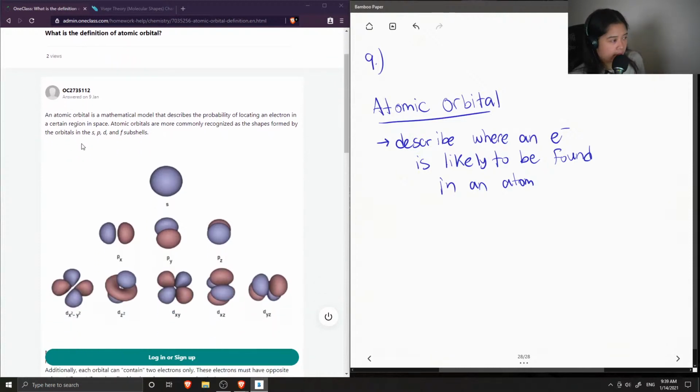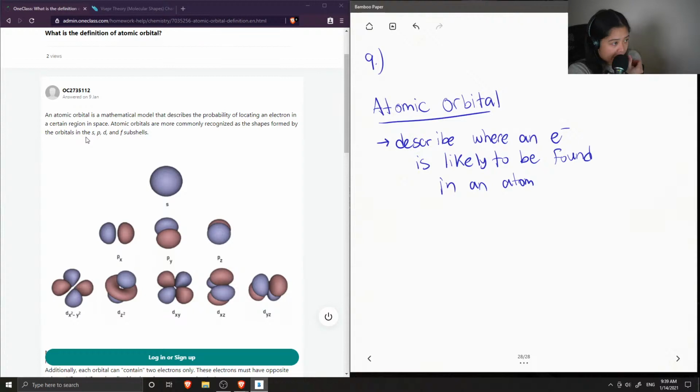And the junior tutor said that an atomic orbital can also be a mathematical model that describes the probability of locating an electron in a certain region in space.